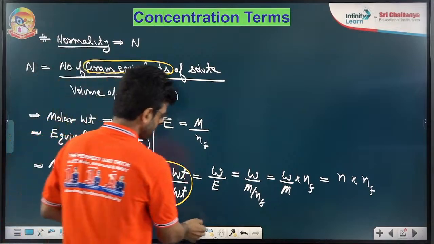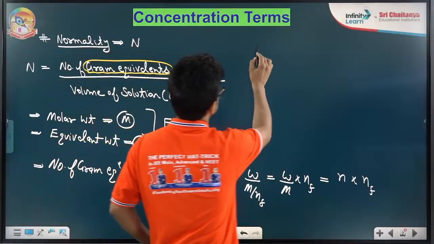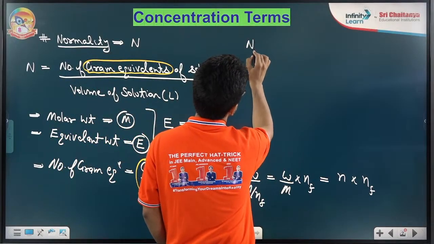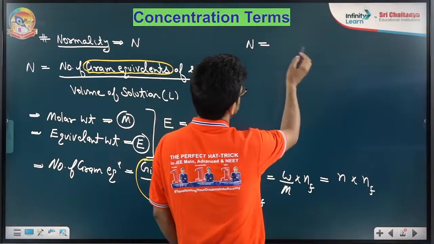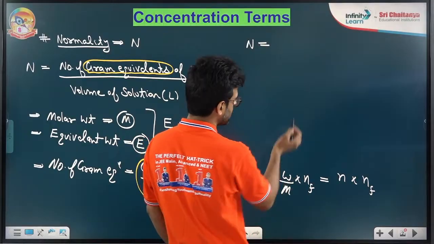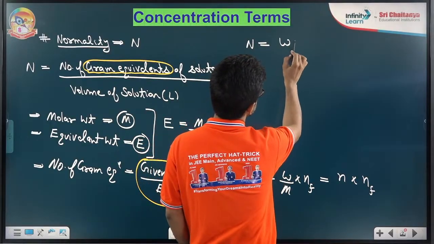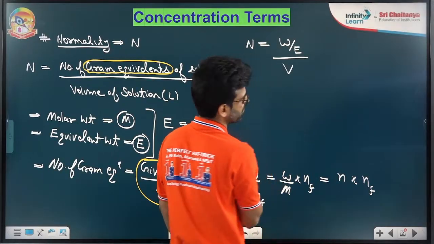Fine. So now, if you want to write the formula properly, I'm coming back to the formula. Normality. What is normality? Normality is number of gram equivalents, right? Number of gram equivalents means given weight by equivalent weight, divided by volume.